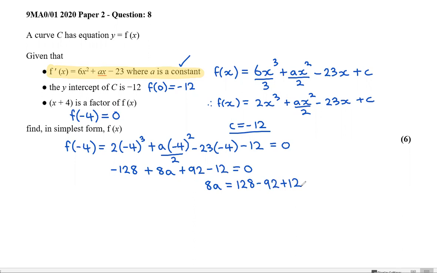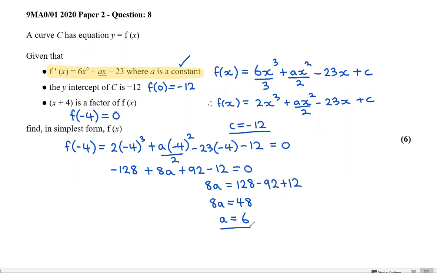Well, 128 add 12, so that's going to be 140, subtract 92. So that's equal to 48. And divided by 8. So 48 divided by 8 is, of course, 6. Okay, so that seems to have worked out quite nicely.